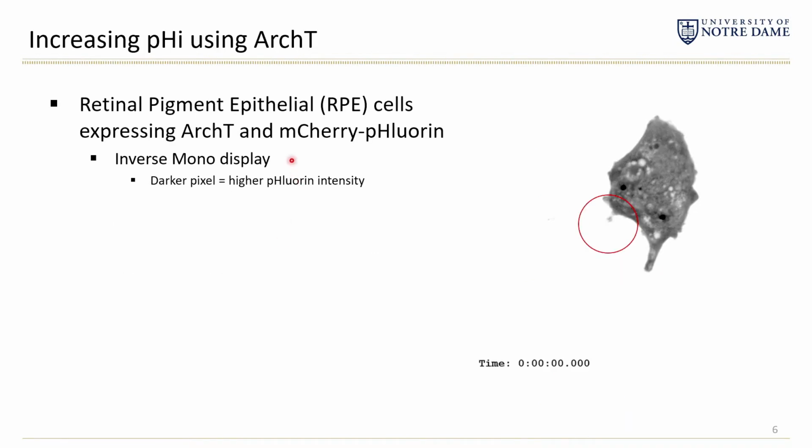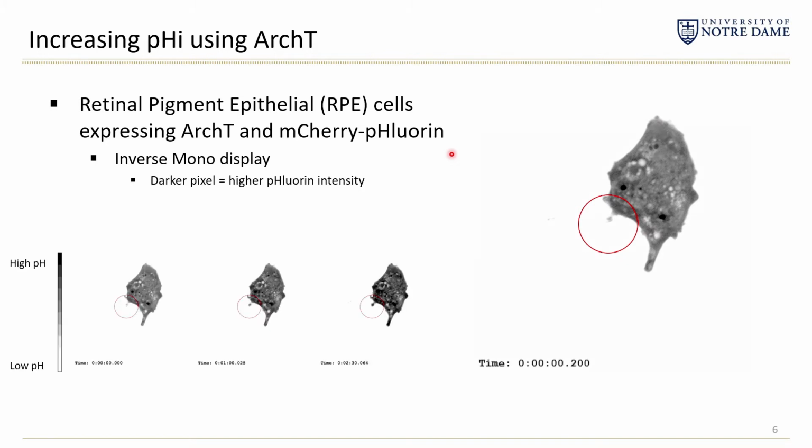So here's what it looks like in actual cells. So these are retinal pigment epithelial cells, or RPE cells. These are expressing both ArchT and mCherry-fluorine. And you're looking at this in inverse mono display. So here, the darker the pixel, the higher the fluorine intensity. And as I play this video, I want you to notice that we are activating ArchT only within this red region of interest.